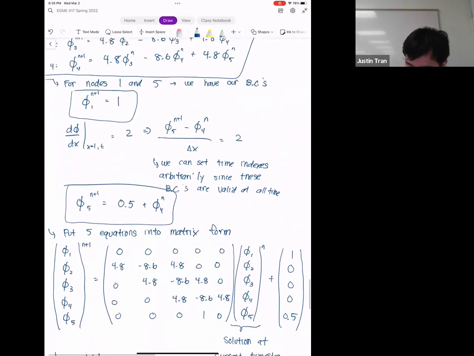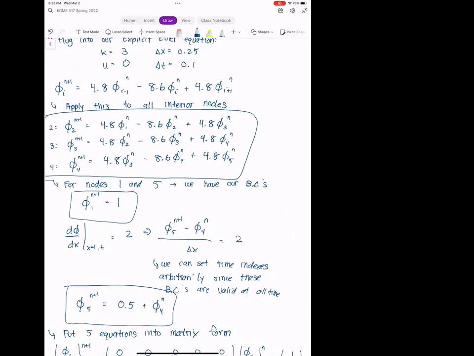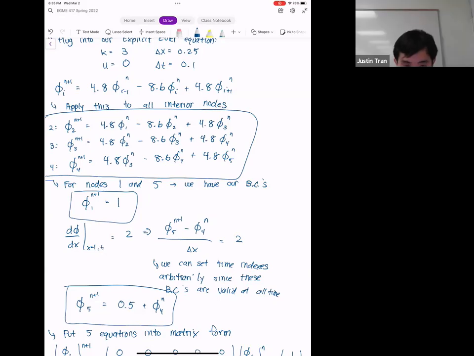Yeah. So right here, with the 2 equals the phi 5, n plus 1. I know you said you switched it around so you can manipulate it to get that n plus 1. What did you manipulate again? Yeah. So the reason I did this was just to make sure that we had an n plus 1 term here.